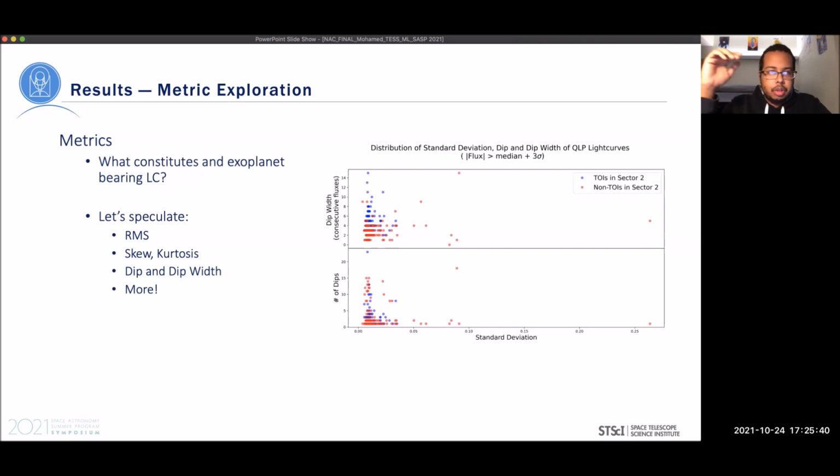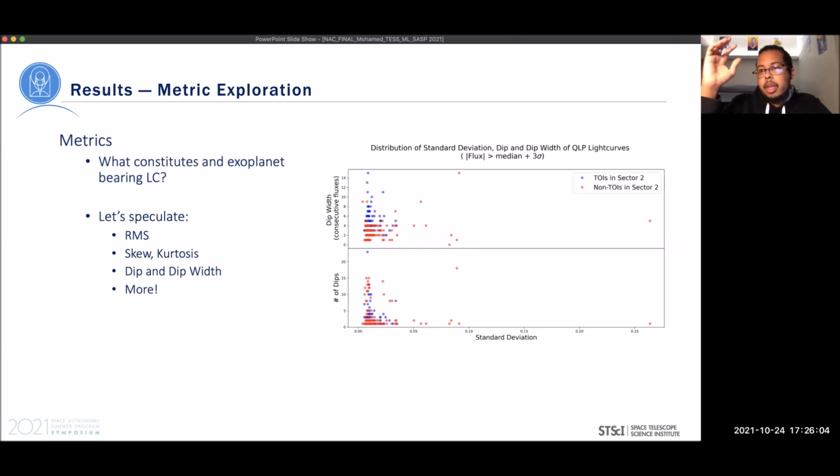And this is very modular code that we wrote. To the right, you can see an example of our metrics. We get the standard deviation of our light curves as well as the dip and dip width. And you can see that the TOIs in this given sector, so in this given imaging area that TESS observed, those identified planets seem to have higher dip widths in the blue.